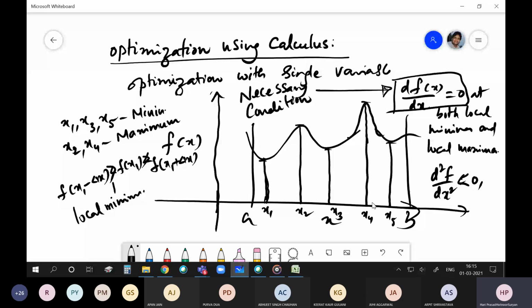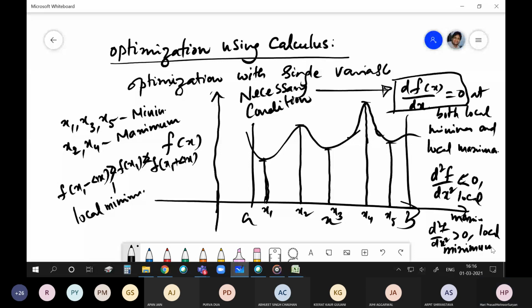It will be a local maximum. If it is greater than 0, it will be a local minimum.